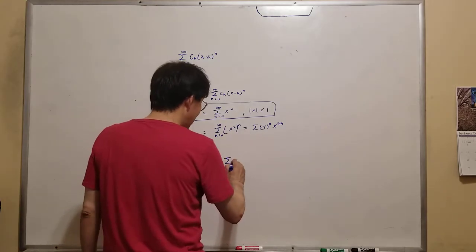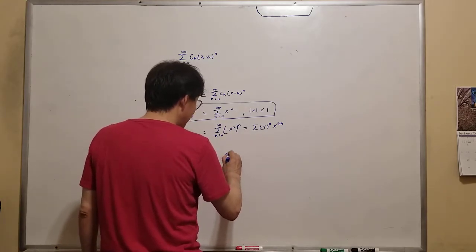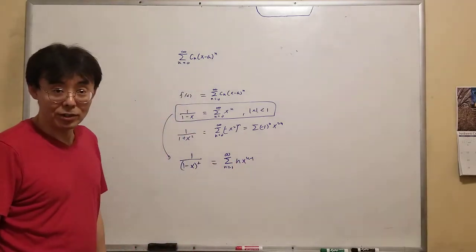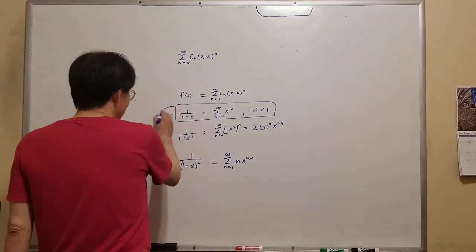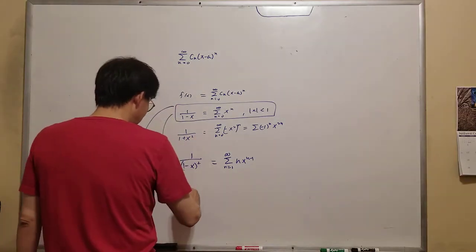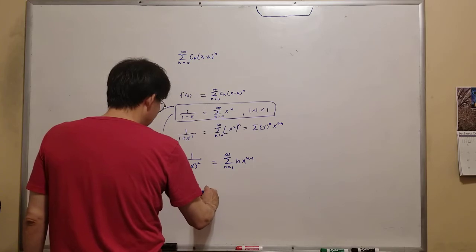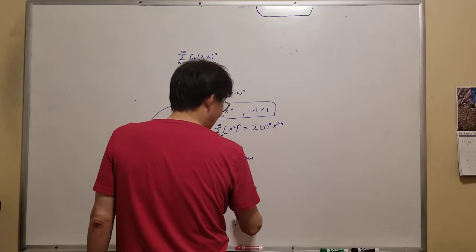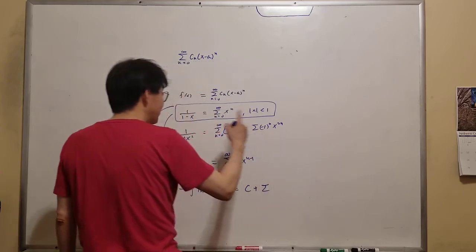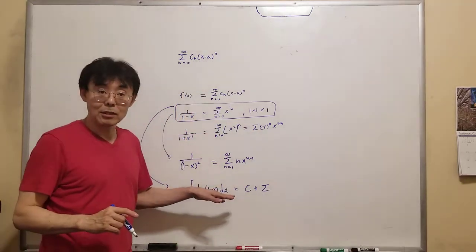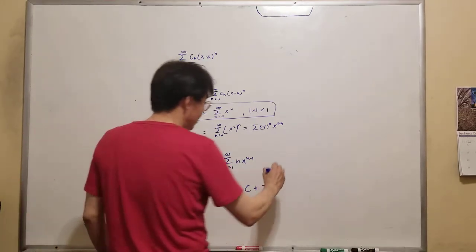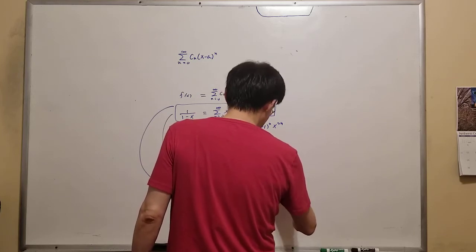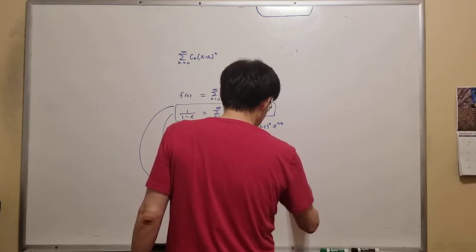And that power series can be obtained by term by term differentiation. Also, the antiderivative, which will have an arbitrary constant, has a power series representation with the same radius of convergence, which can be obtained by term by term integration.